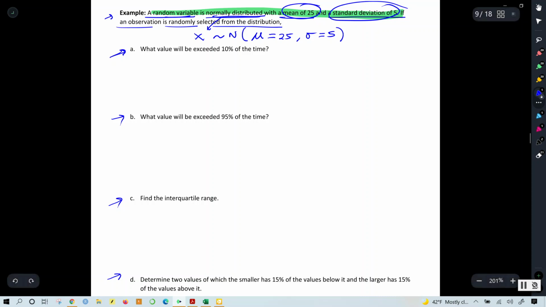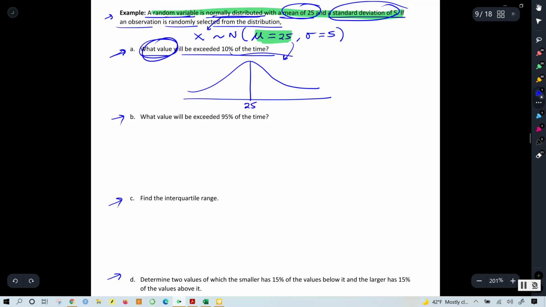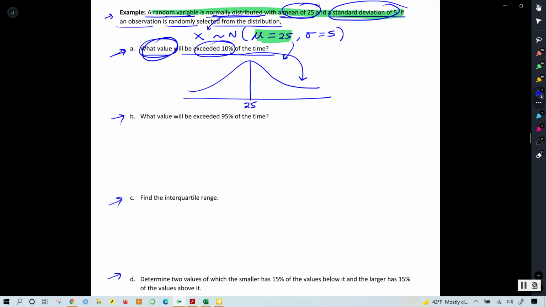So, for question A, what value will be exceeded 10% of the time? This means if I sketch the normal distribution, I locate the center value, which is 25. I am interested in an unknown value such that the size of the area above it will be 10%.